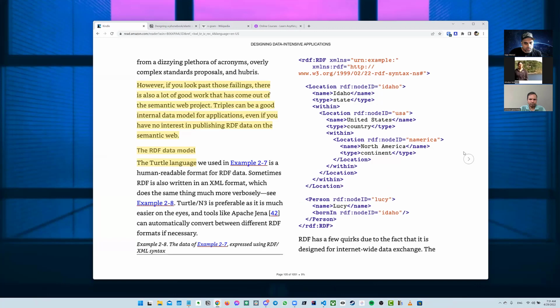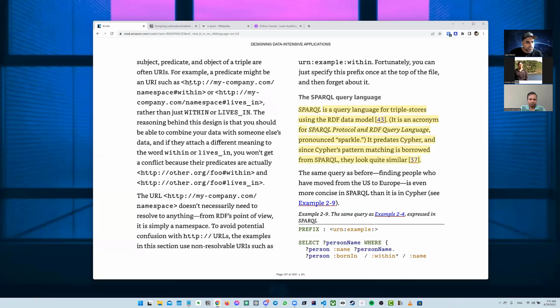So it is designed for internet-wide exchange. A predicate might be a URI, such as HTTP, my company namespace, within, or lives in, rather than just within or lives in, right? Generically.